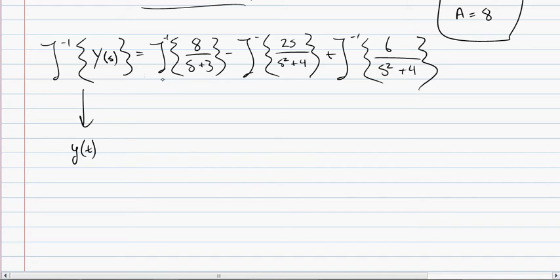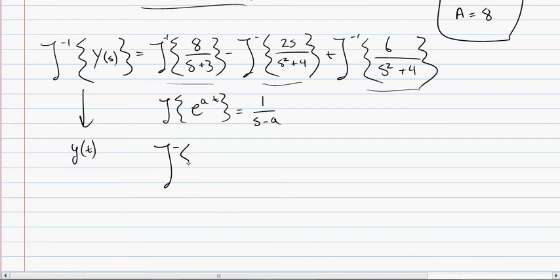And then we just have to figure out what each one of these is equal to. So this one looks familiar. If you remember, I wrote a little bit ago that the transform of e to the at is equal to 1 over s minus a. So we've got that form right here. We've just got that extra 8 on the top. So if I just bring that 8 out to the outside, then I've got 1 over s minus a negative 3.